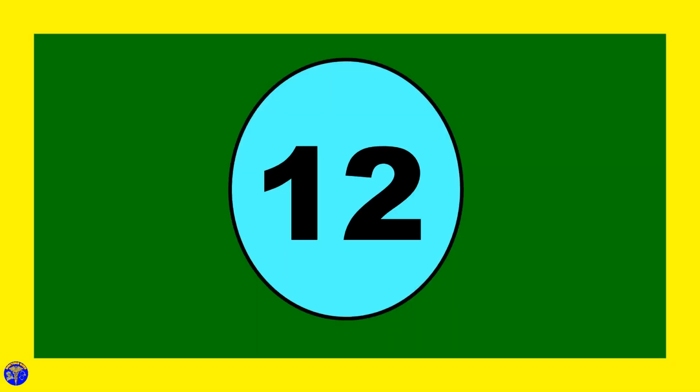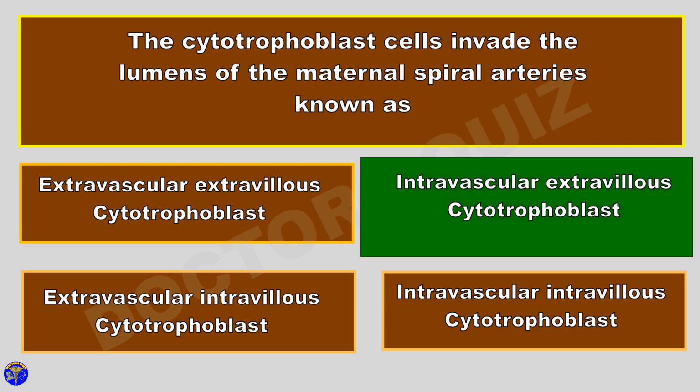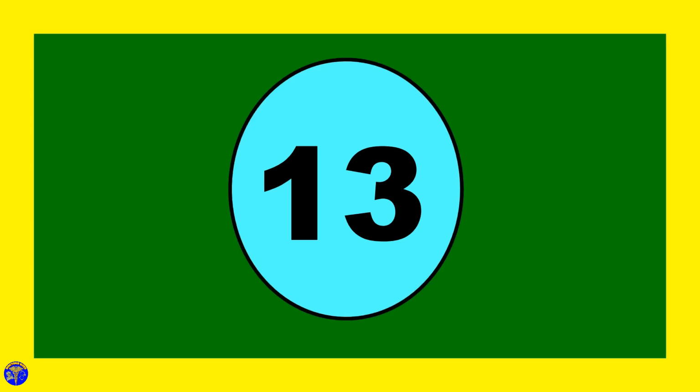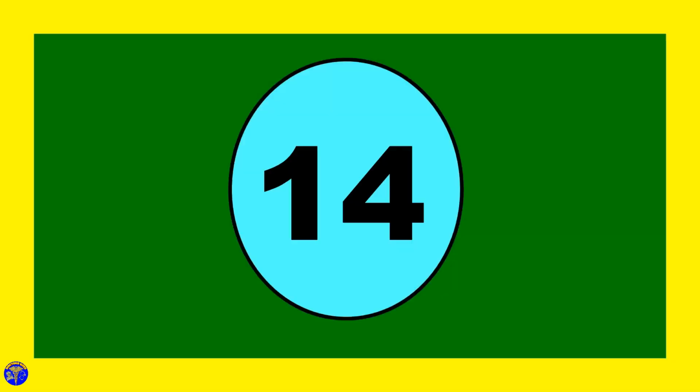3 layers. The cytotrophoblast cells that invade the lumens of the maternal spiral arteries are known as intravascular extravillous cytotrophoblast. The fibrous connective tissues of the stroma become changed into epithelioid cells called decidual cells.